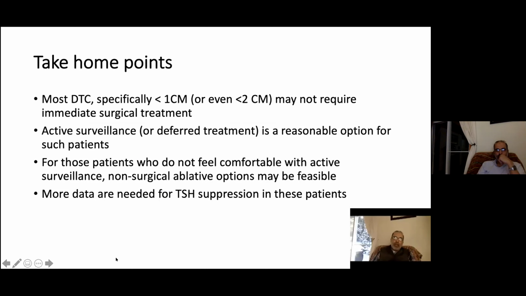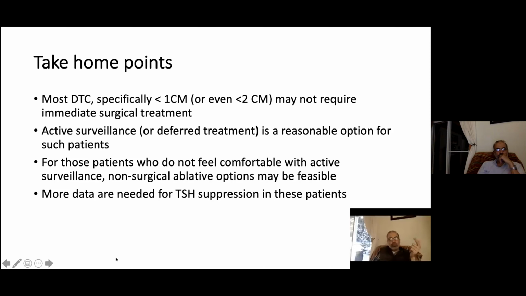So at the end, the take-home points are that most differentiated thyroid cancers, specifically less than a centimeter, maybe even less than 2 centimeters, we don't know, but we are looking at it, may not require immediate surgical treatment. And they can be followed through active surveillance, and that's a very reasonable option in a number of these patients.